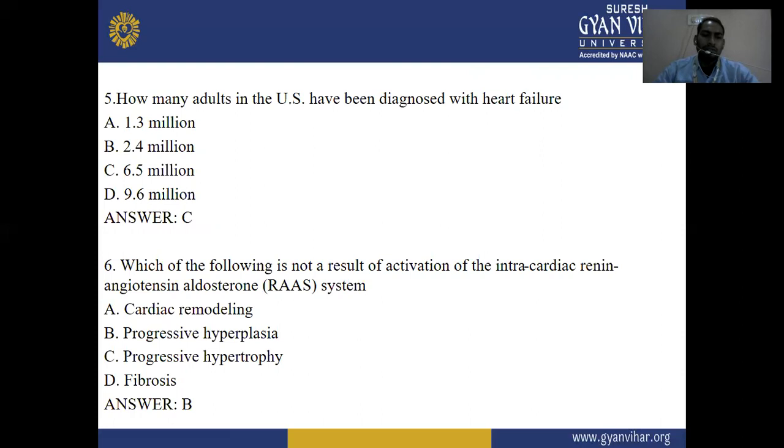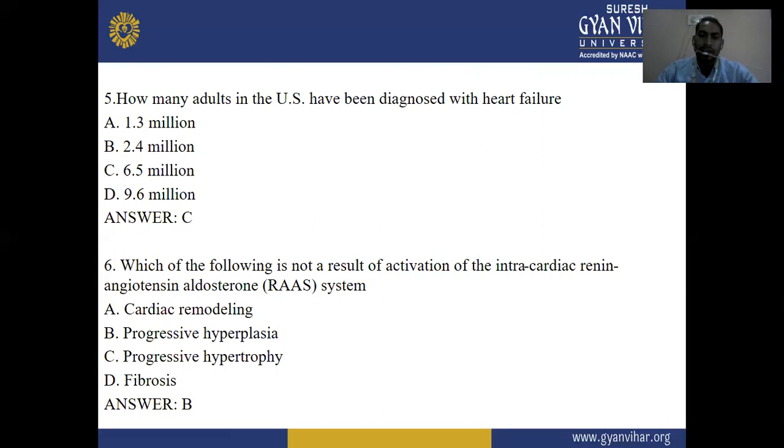Next question. Which of the following is not a result of activation of the intracardiac renin-angiotensin aldosterone system?